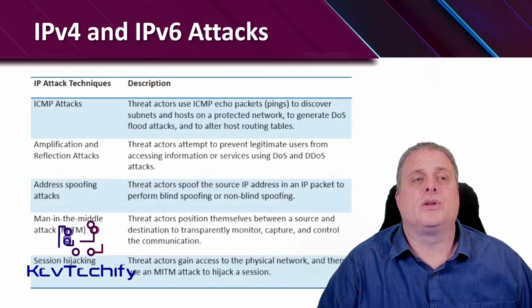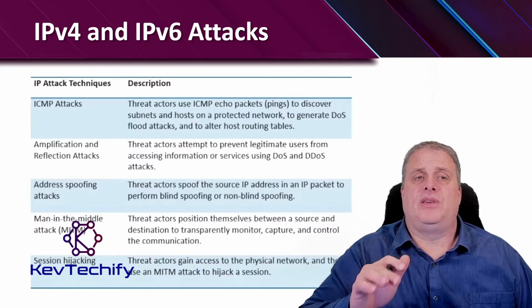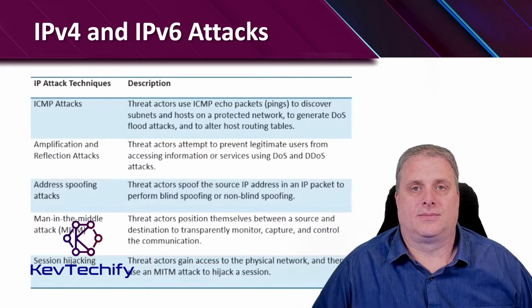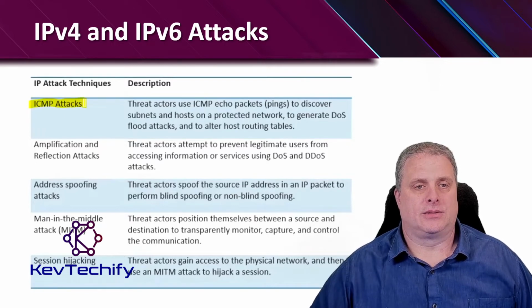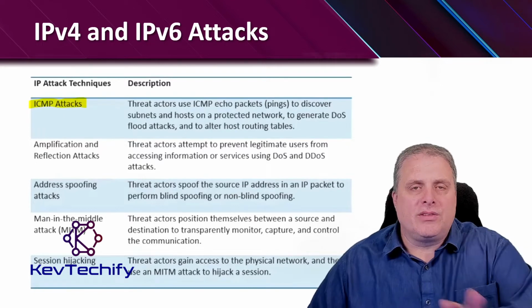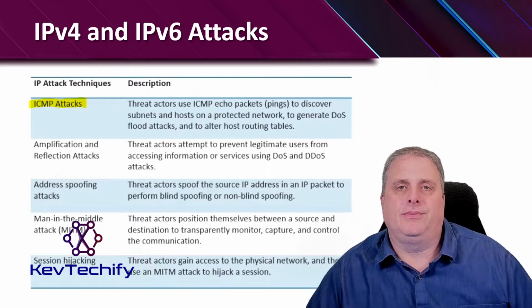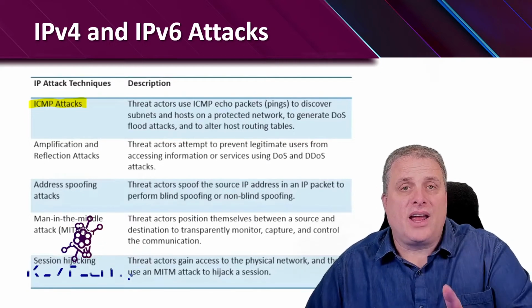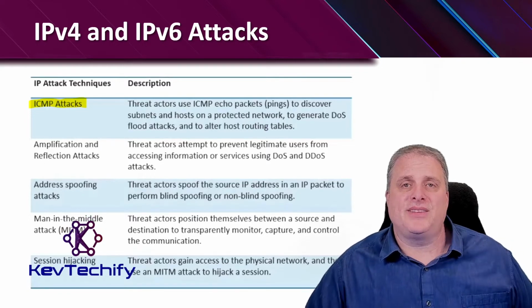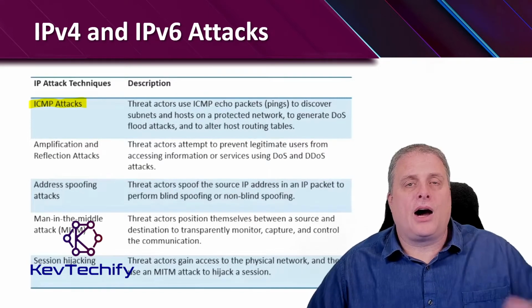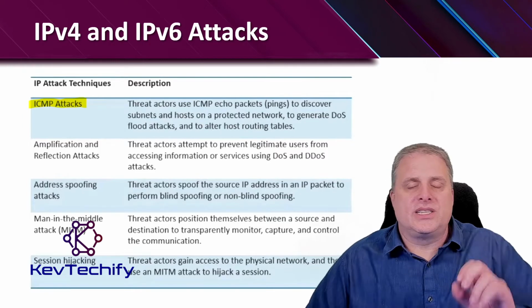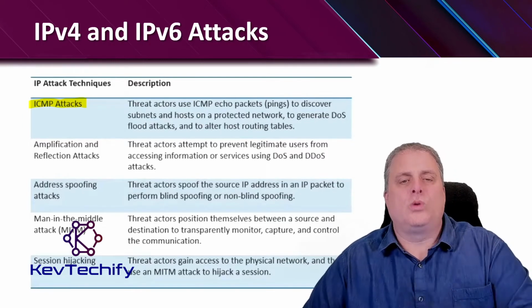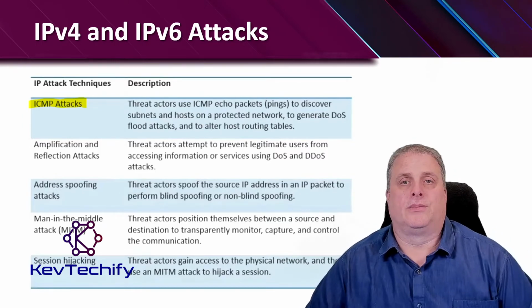Let's take a deeper look at IPv4 and IPv6 attacks. First, we're going to talk about ICMP attacks. We're going to cover this in more detail in just a little bit, but a threat actor is going to use our ICMP messages, our echo packets, and the pings themselves to discover subnets and hosts on a network.